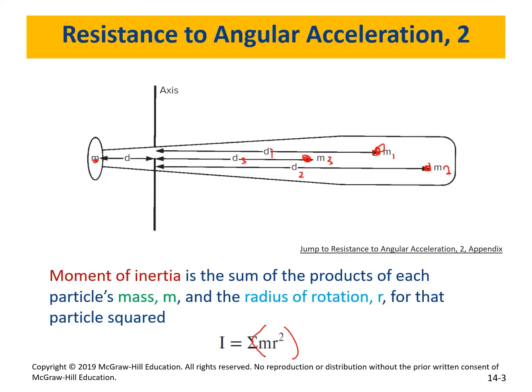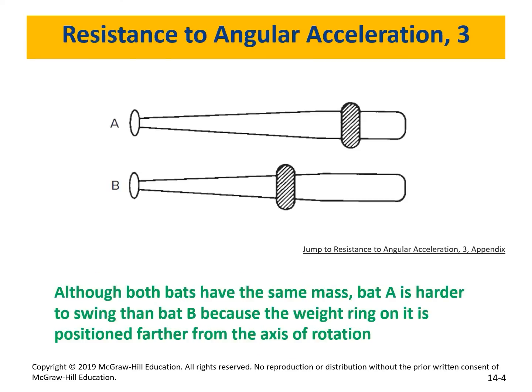Okay, now an example, a simplified example. So you have two bats, right? And you have a mass placed on the bat. Which one do you think is harder to swing? This one on top or this one here? This is going to be harder because your distance here is larger, right? So D1 is larger than D2, and when you square that D, it's even larger, correct?